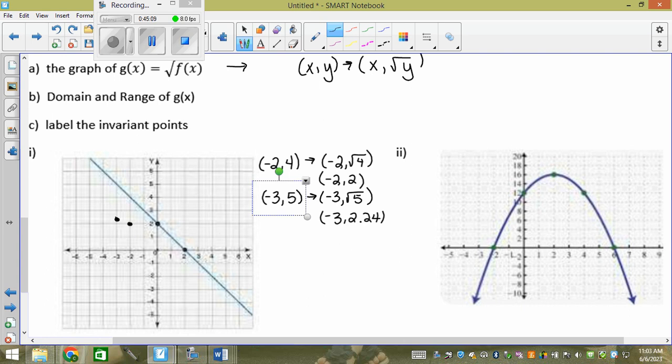I could do negative 1 and 3. It's going to become negative 1 and root 3, 1.73. Zero 2 becomes 0 and root 2.